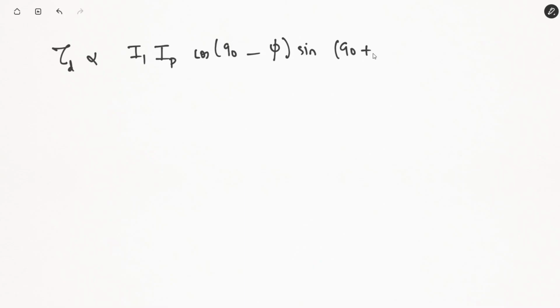So in this case, the deflecting torque from the phasor diagram will be proportional to, this is not the exact value, I1 IP cos(90 minus phi) sin(90 plus theta).